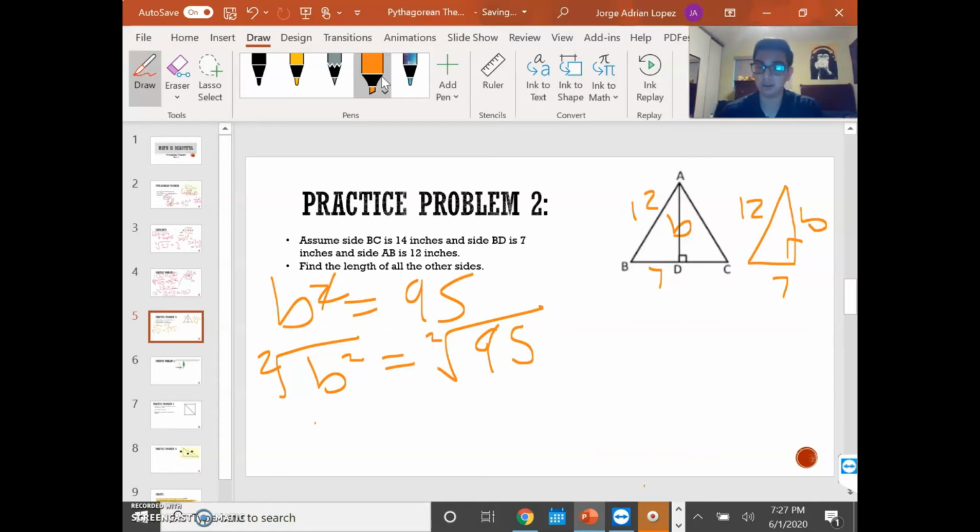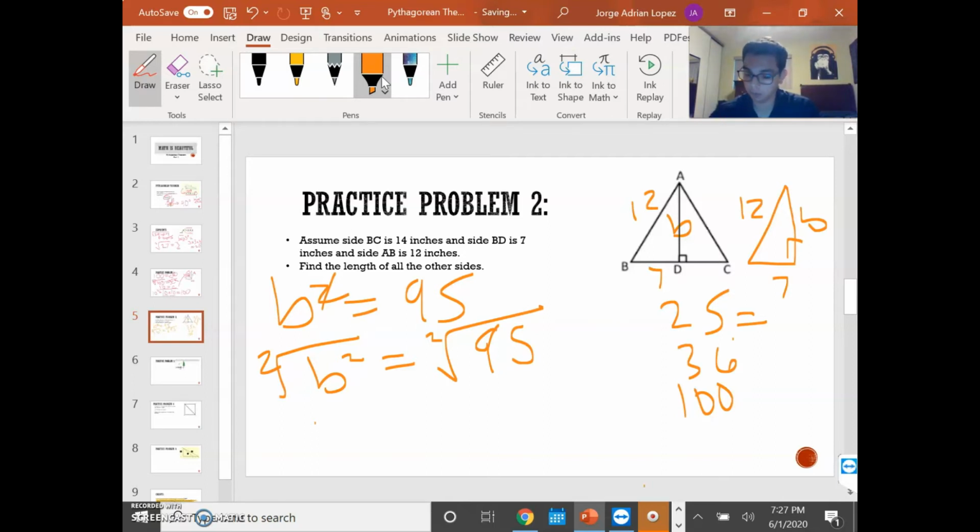Well, at this point, you're going to want to get out a calculator because the square root of 95 doesn't really go well. Okay? There are some numbers that we call perfect squares in math, like 25, 36, and 100. Why are these called perfect squares? Because there are whole numbers that can get these square roots perfectly.